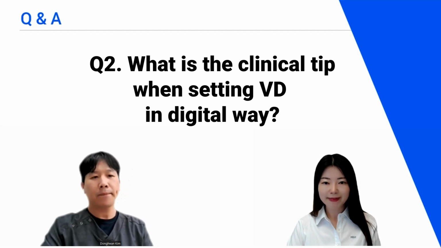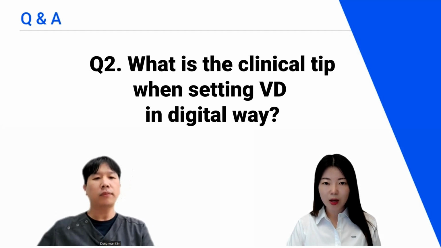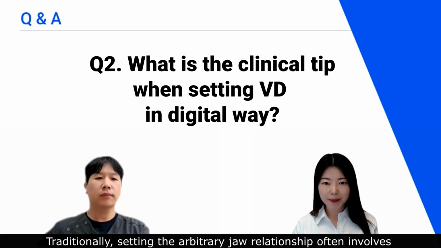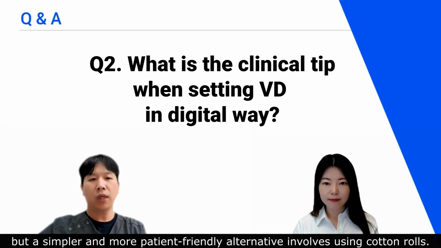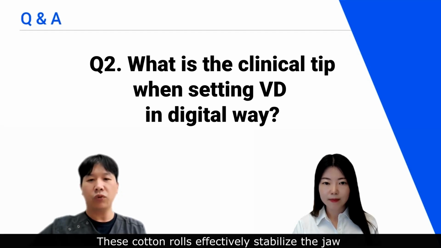Question number 2. What is the clinical tip when setting VD in a digital way? Traditionally, setting the arbitrary relationship often involves using bite trays with special bite materials, but a simpler and more patient-friendly alternative involves using cotton rolls.